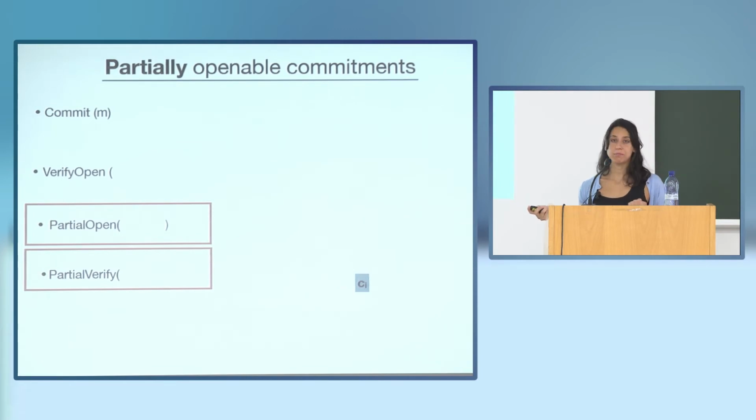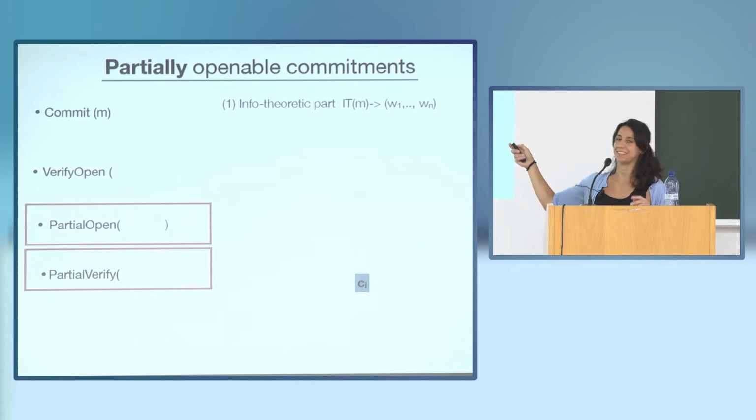So to commit to a message, there is an information theoretic part where you take your message and split it using some information theoretic method, and you have your message now split in n parts, where n is the statistical security parameter. It has nothing to do with the computational security parameter.